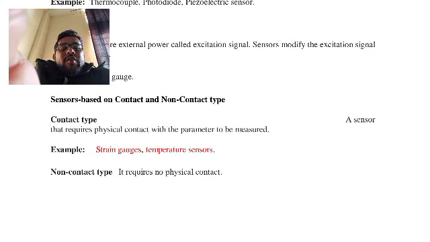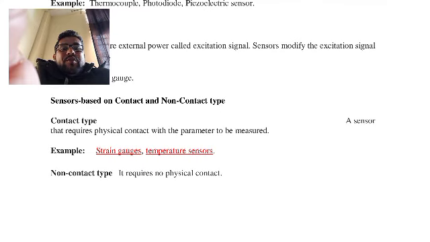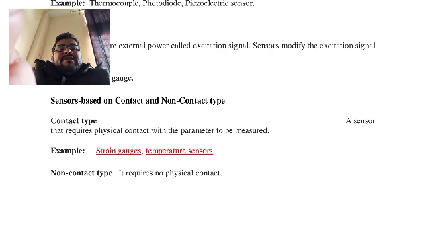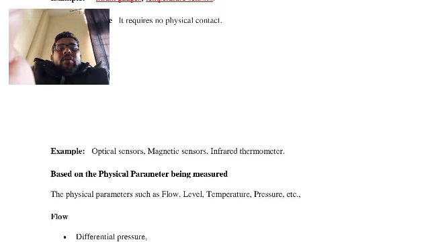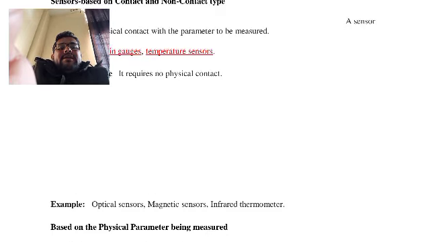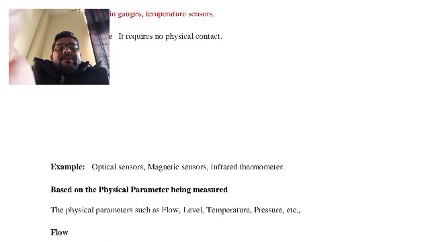Contact sensors require physical contact with the parameter to be measured, like strain gauges and temperature sensors. Non-contact sensors do not require physical contact, like optical sensors, magnetic sensors, and thermometers.